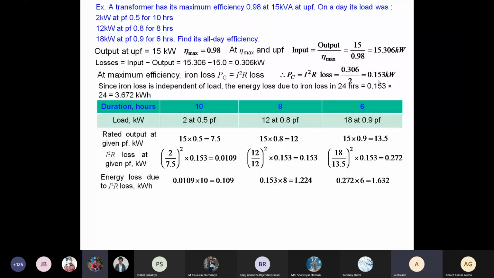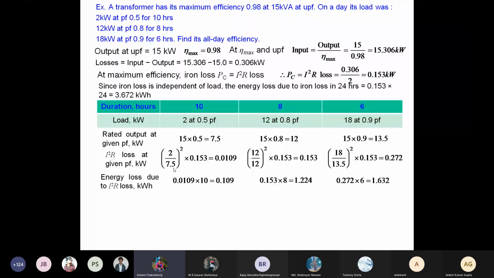Can you explain the I square R loss step once again? It is just the application of the formula that we derived just before the example, to find out that M. We derived M with respect to I, no? I2 equal to M of I2 full load. Here we are doing this with respect to power.